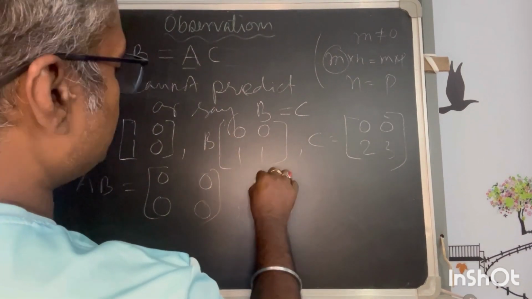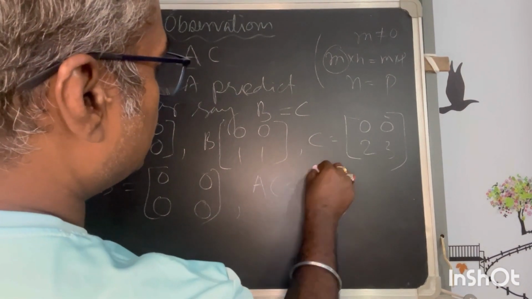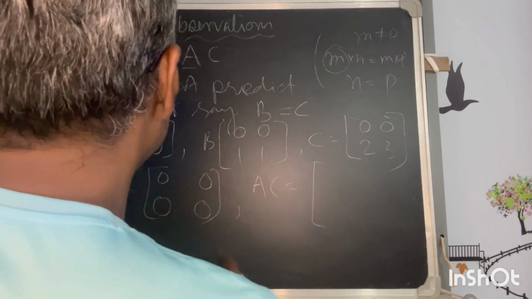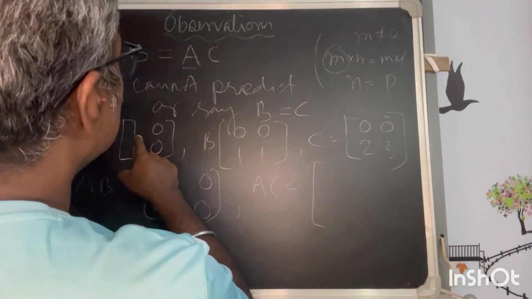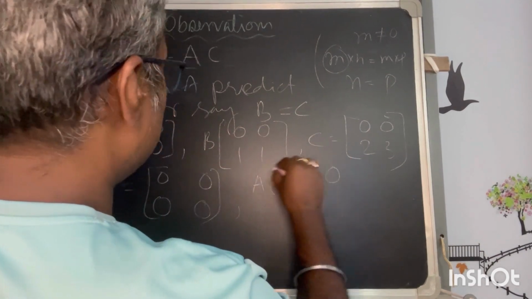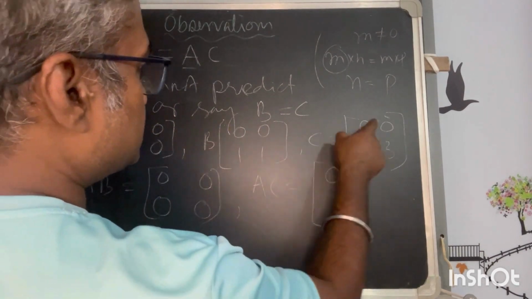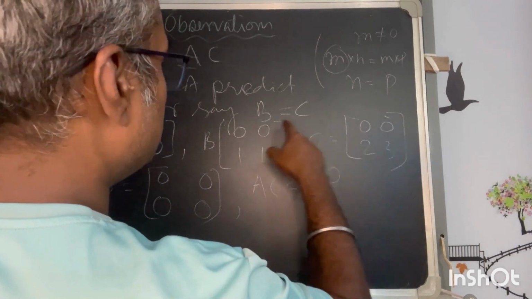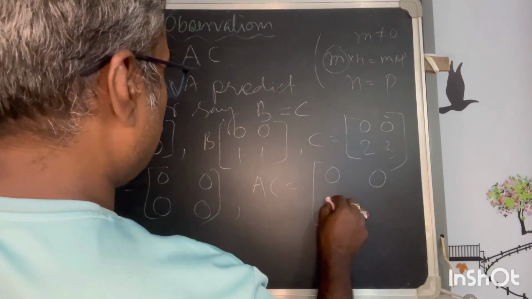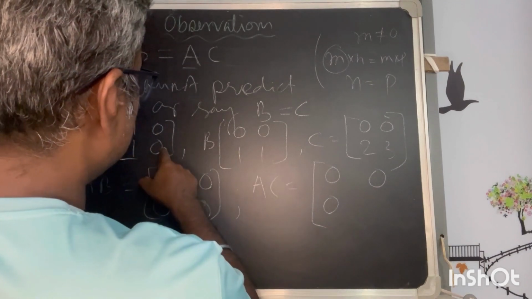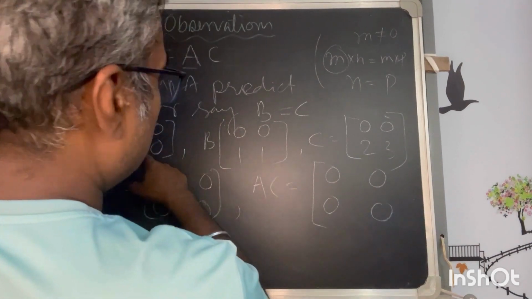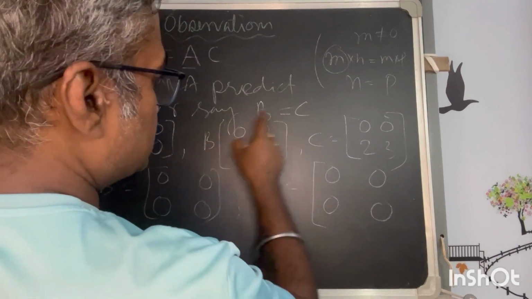So A into C is equal to what? 1 into 0 plus 0 into 2 is 0, 0 into 0 is 0, and the remaining elements are again 0.